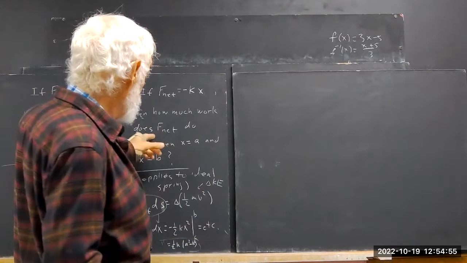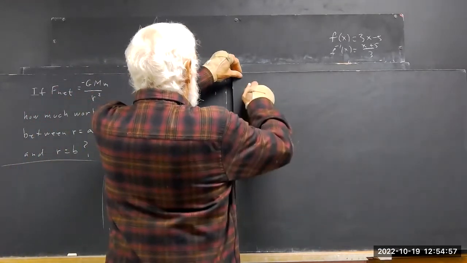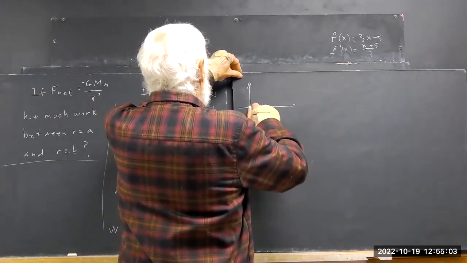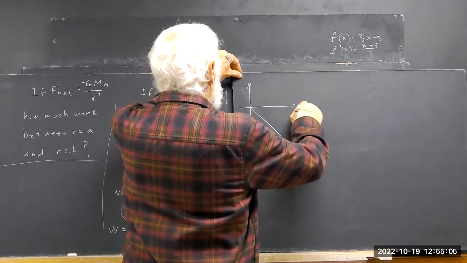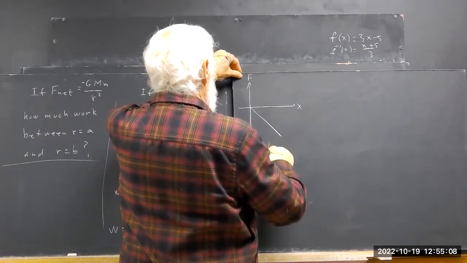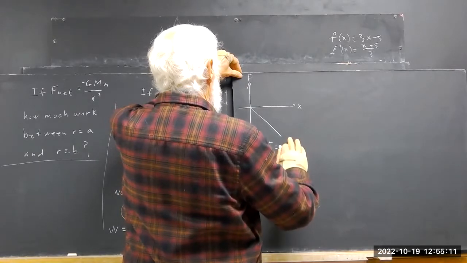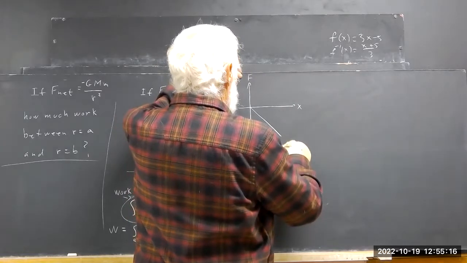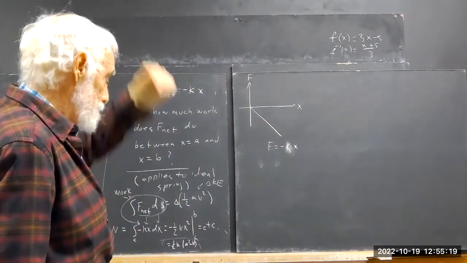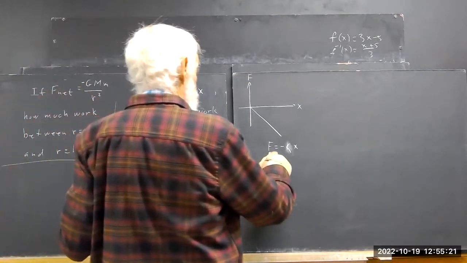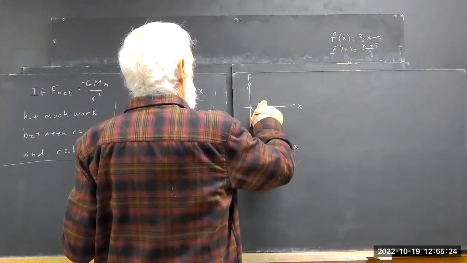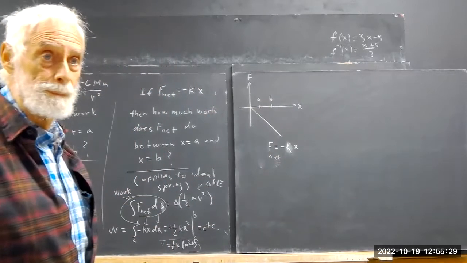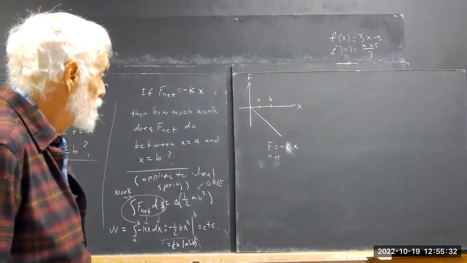Relative to the magnet, and then it'll be relative to this, okay? Well, let's do this. F net equals negative kx. And if we go from point A to point B, how much work is done by the net force?